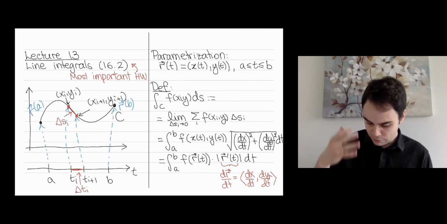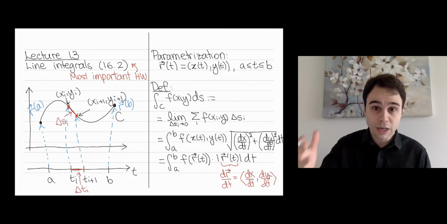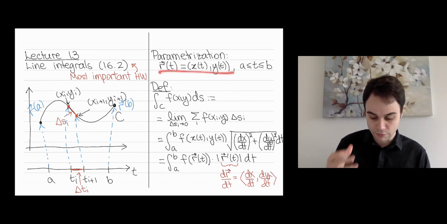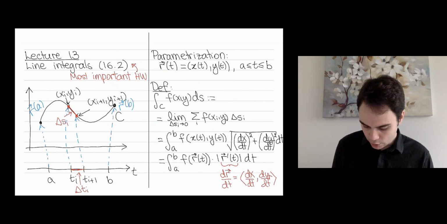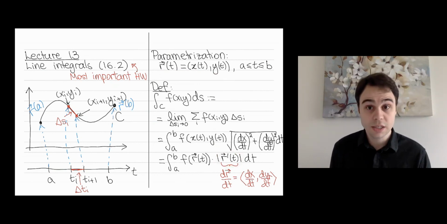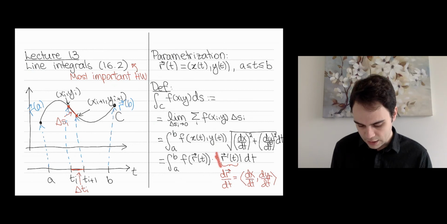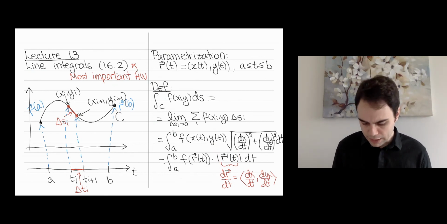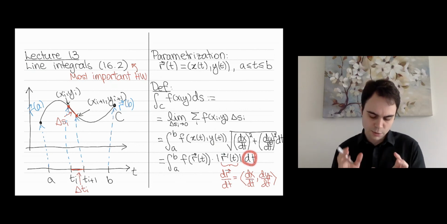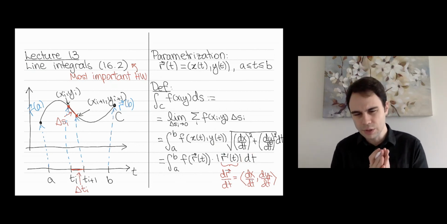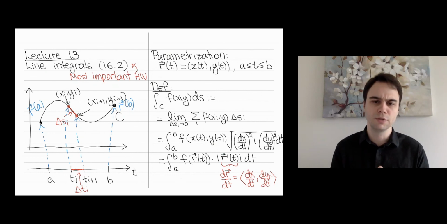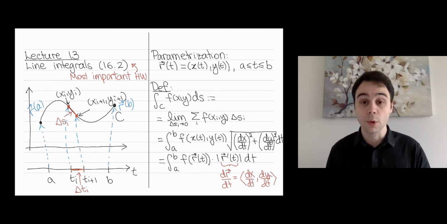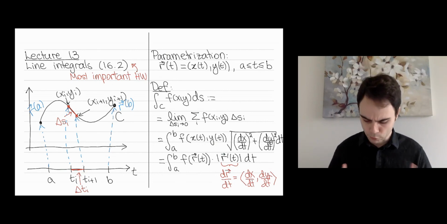If we give this parameterization a physical interpretation, then r prime of t is the velocity of the particle at time t. Then take the absolute value, get the speed of the particle at time t, and multiply that by dt. So its speed times a little bit of time gives you the distance that the particle moves in a little bit of time. And so this whole thing starts to look more plausible.